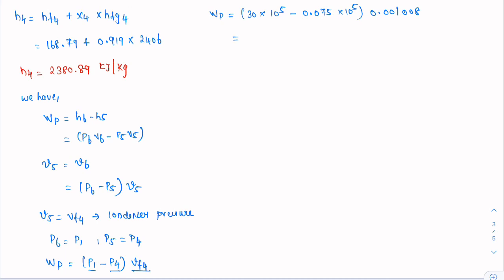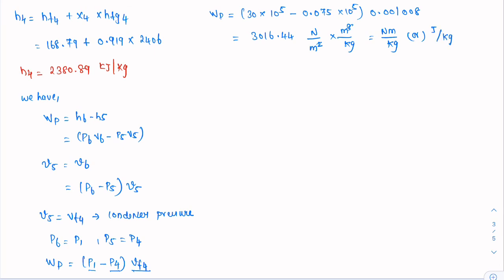On calculation you will get 3016.44, and the unit will be Newton per meter square for pressure into meter cube per kg for specific volume, and on cancellation you will get Newton meter per kg, and Newton meter is nothing but joule, that is joules per kg.